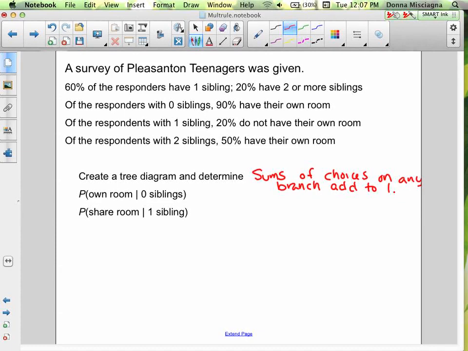So we're starting off with number of siblings and then room. Of the respondents with 0 siblings, this many percent have their own room, so we're dividing first by siblings and then by room.